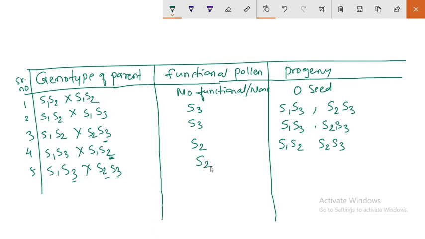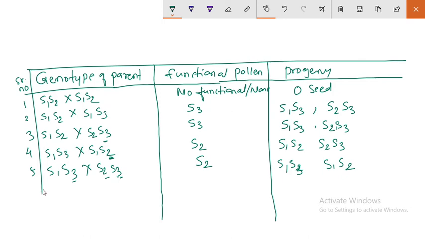So S1 is produced with S2, and this S2 is also crossed with S1, and S1 is crossed with S3. S3 is common, therefore it does not produce progeny. So S1 is functional: S1, S3 and S1, S2.